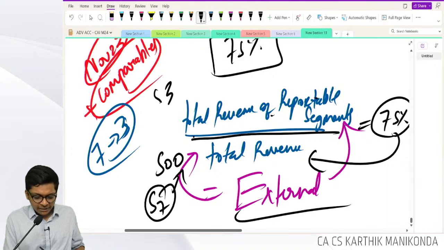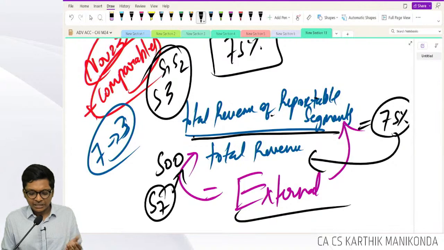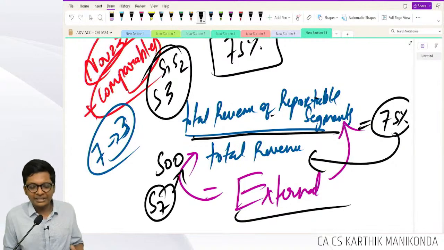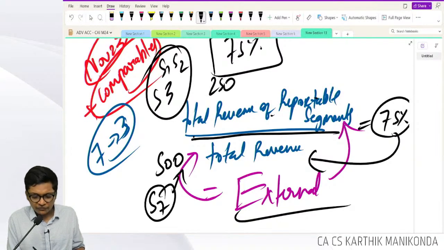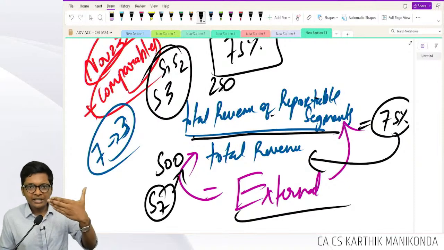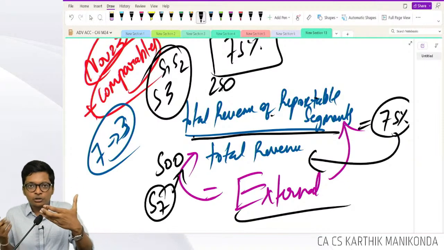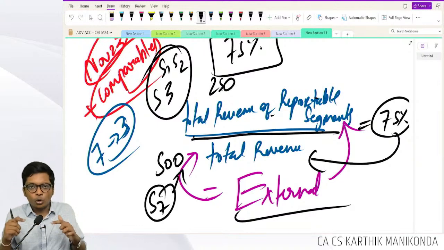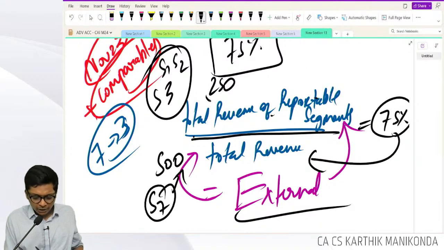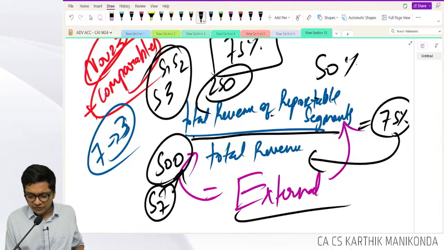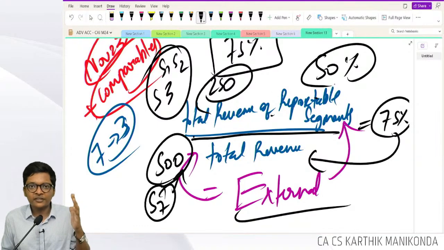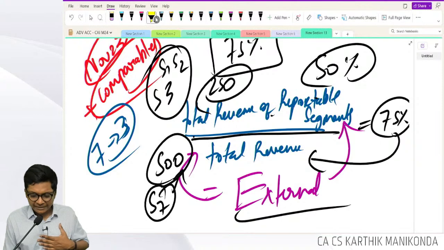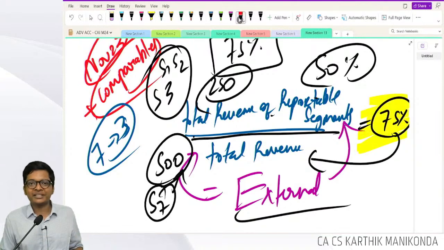Only 3 segments are reported, S1, S2 and S3. For S1, S2, S3, the total revenue of reportable segments comes to 250. So 250 by 500 is 50%. No, not sufficient. This percentage should be at least 75%.